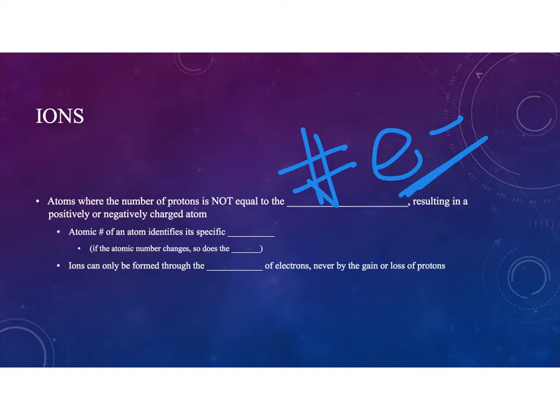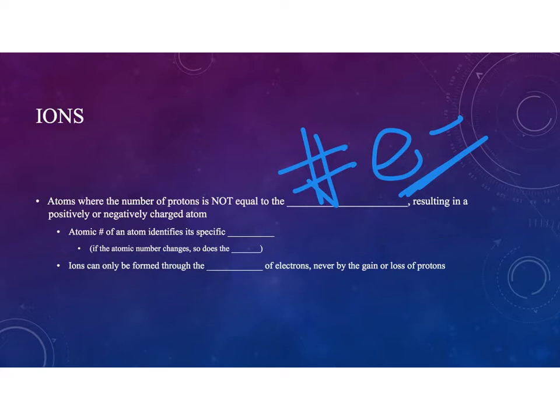So I'm going to tell you before we even continue reading, protons never change. The number of protons will never change because that will be changing its atomic number, and it will mess the whole periodic table up. Therefore, protons never will ever change. Ever. Like, ever. Okie dokie.